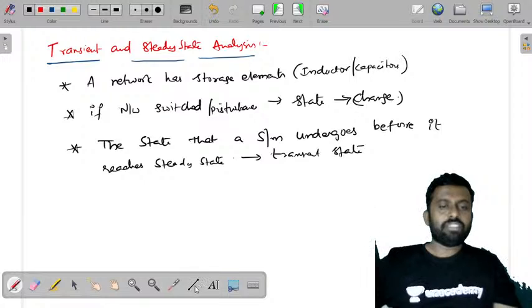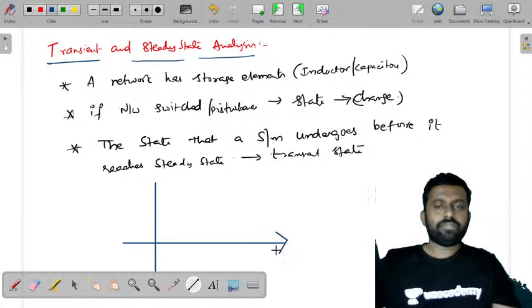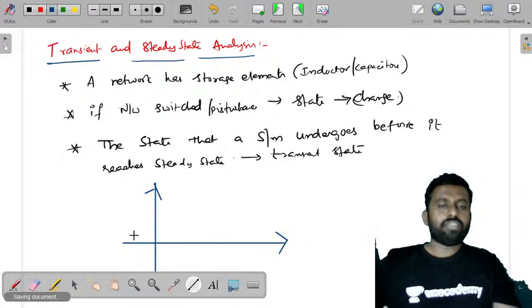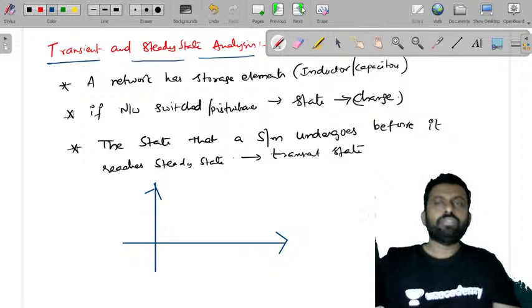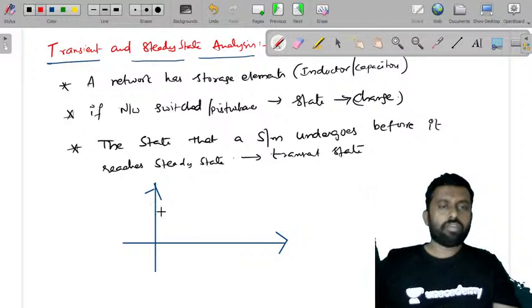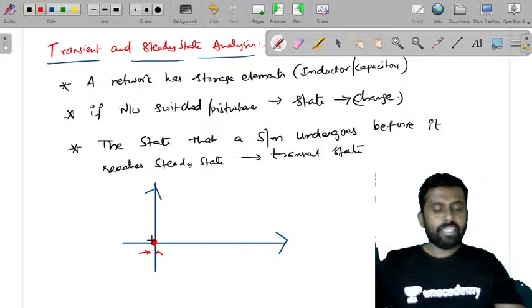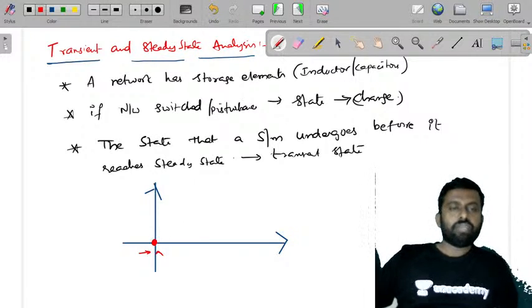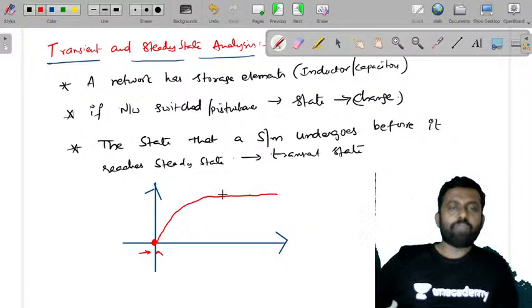Let us say there is some disturbance. Let us say you have a system like this, and I'm just trying to plot the response. When the system is switched from one state to the other state, it cannot instantly reach the maximum value, but it will slowly attain its steady state value over a period of time.